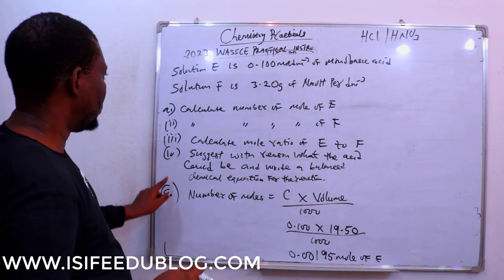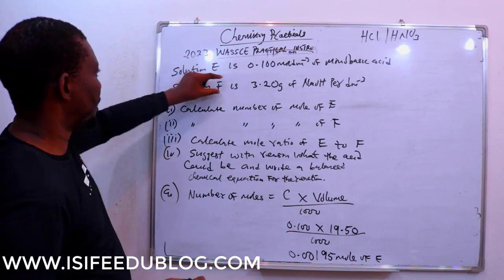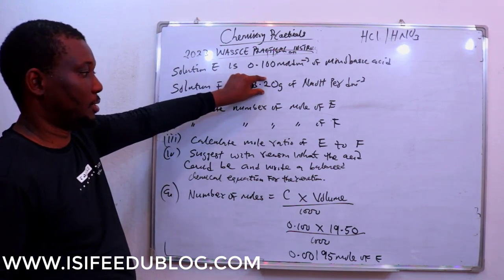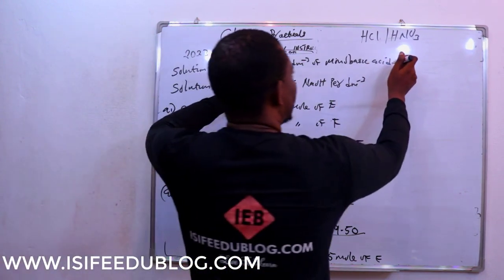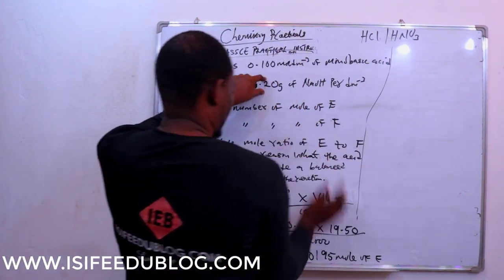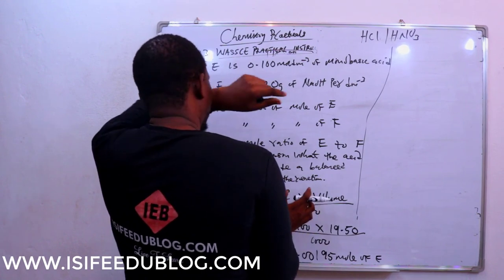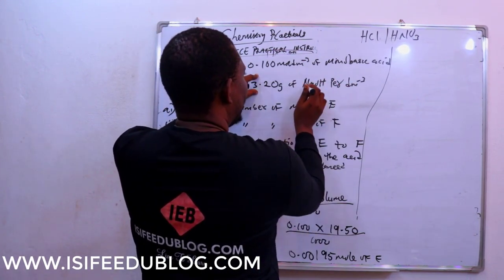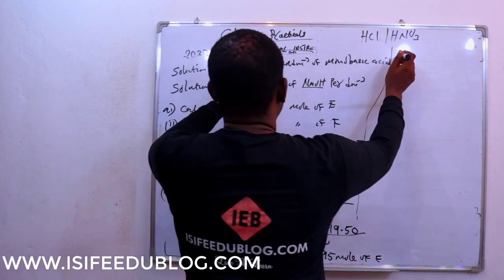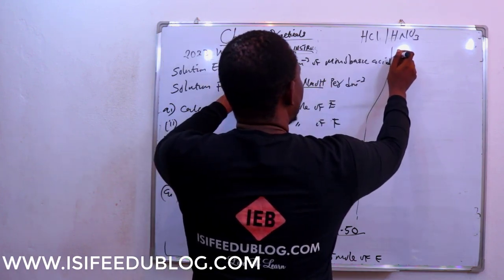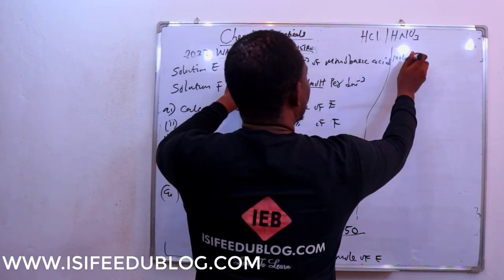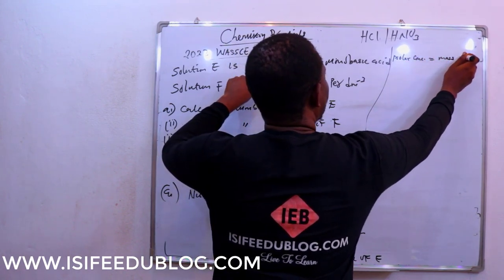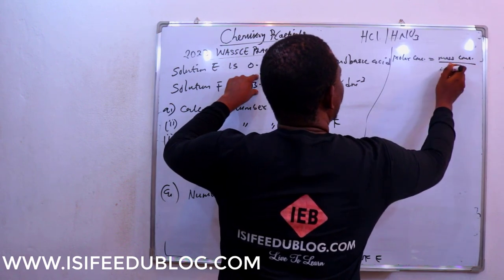We'll do the same thing for F, but before we do that, we must find the molar concentration of this. So you need to just do that before you can state this. So we change this into mole by saying that molar mass is 40. Molar conc of D is mass conc over molar mass.